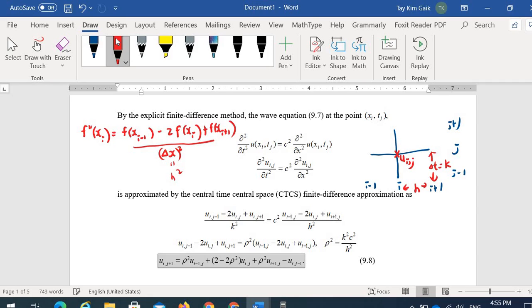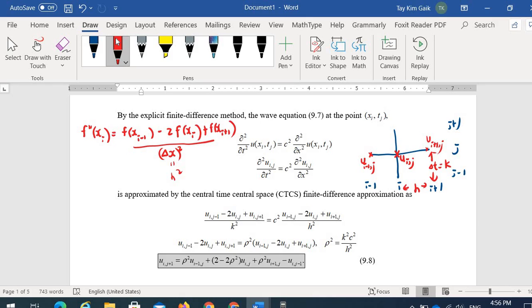That's why you have c squared times the right-hand side, del 2u del x2 at u_ij, differentiating with respect to x: center point minus 2 u_ij, left point u_{i-1,j} 1 time, right point u_{i+1,j}, divided by h squared, where h is delta x.